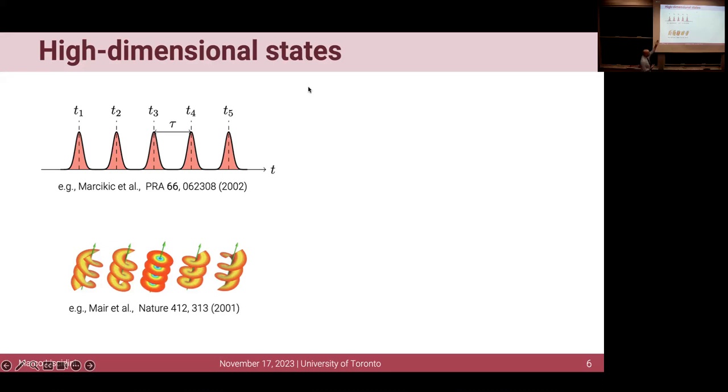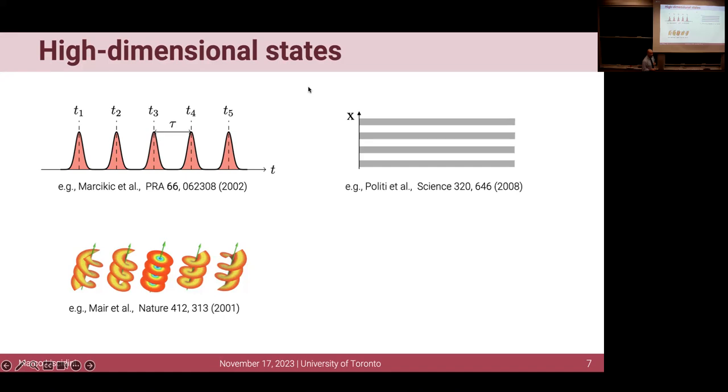For time, it's not easy to create long delay lines in an integrated chip. And for optical angular momentum, well, polarization and angular momentum in an integrated device are very difficult to control. So when you move to integrated optics, typically the most used degree of freedom is path.